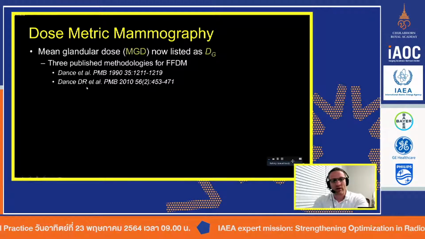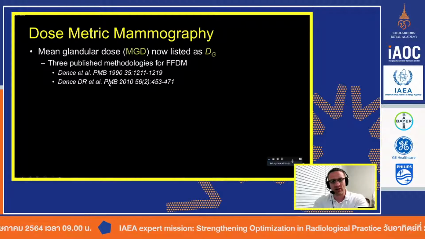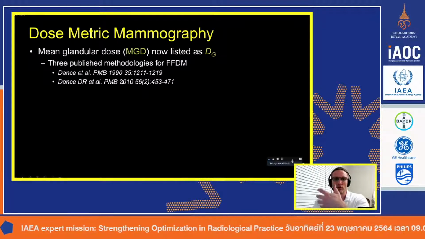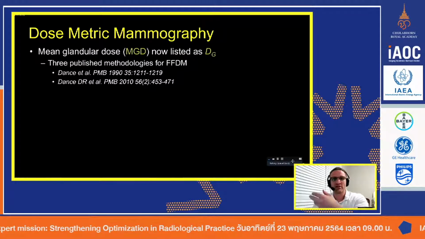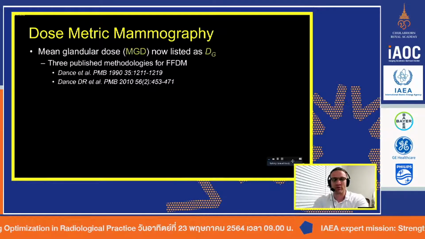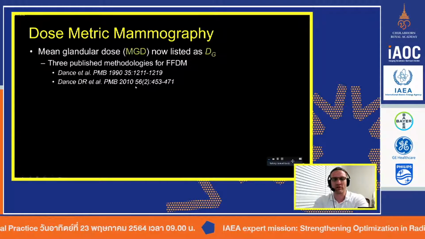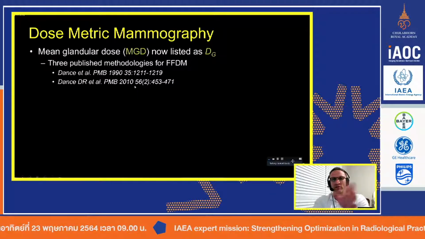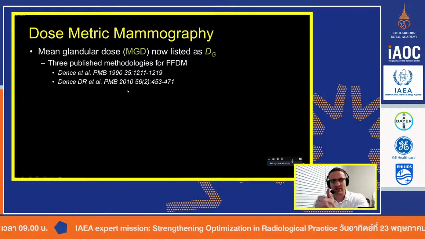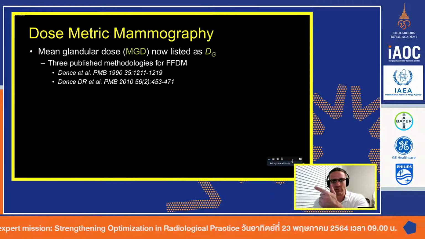Dance, however, came out about 10 years ago with an updated publication where he added new lookup tables for his original empirical method of calculating glandular dose. And now he includes all the brand new targets, such as tungsten, and their new filters, such as rhodium, tungsten rhodium, or tungsten silver.